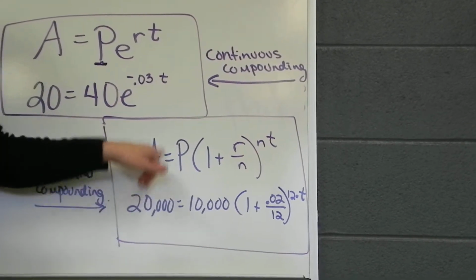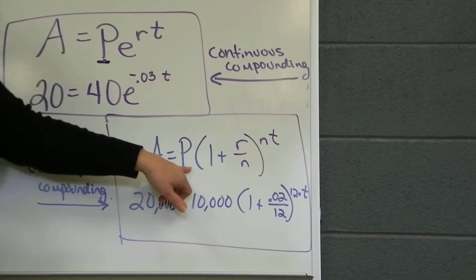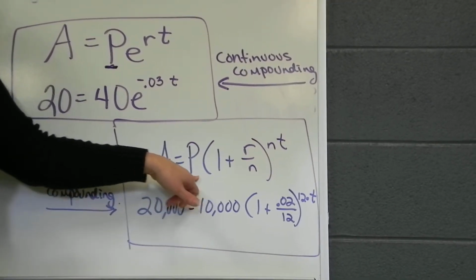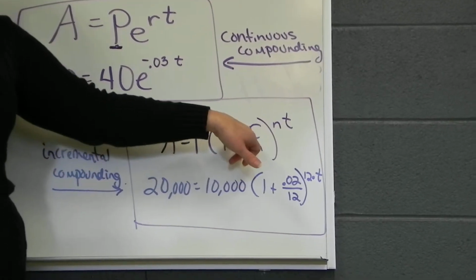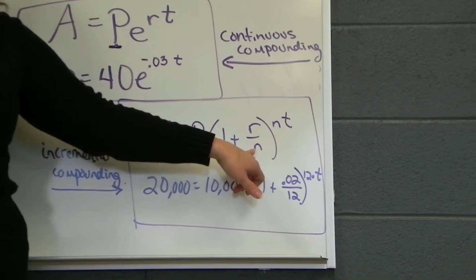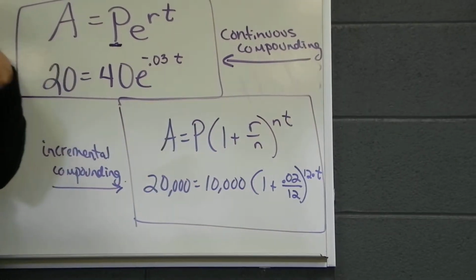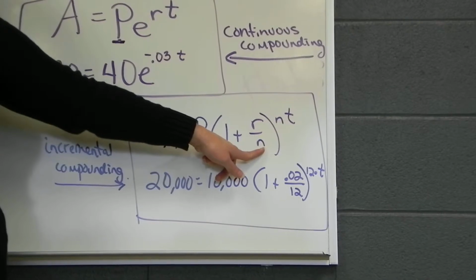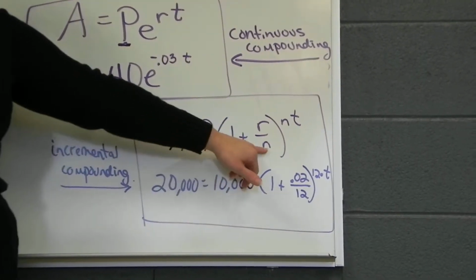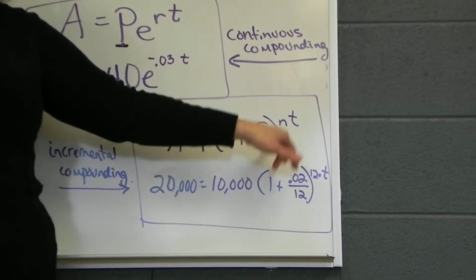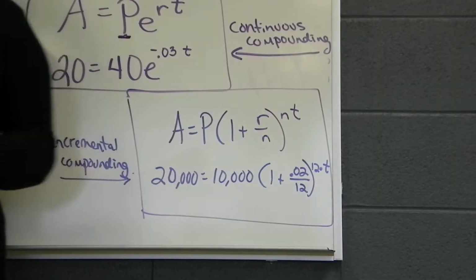So your money, or whatever it is that you're growing, your population, grows to this A amount equals P, that's the starting amount, times 1 plus the rate of growth or decay divided by N. N is how many times it's compounded per year. So if it's compounded monthly, we'll put a 12 there. If it's compounded quarterly, 4 times a year, 4, and so on and so forth. So N is how many times per year, then raised to the power, use that N value again, times T.